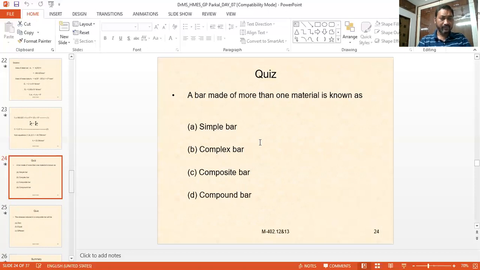Here the material is different, and the bar has two materials, so it is called a composite bar. The answer is option C.